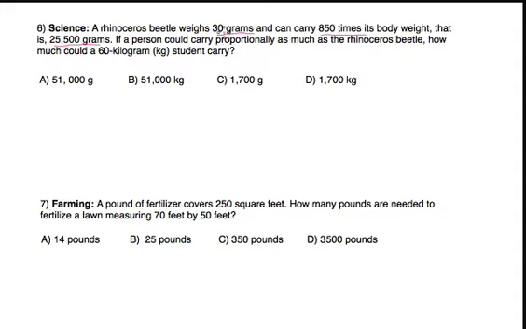We're comparing weight to what you can carry. So what's the weight of the beetle? 30 grams. And the beetle can carry 25,500 grams. And that should equal the weight of a person, 60 kilograms.